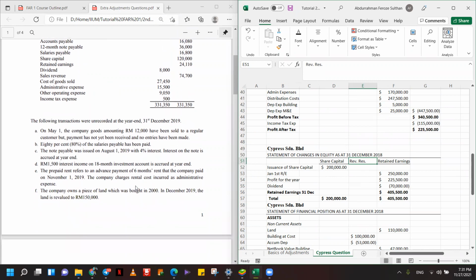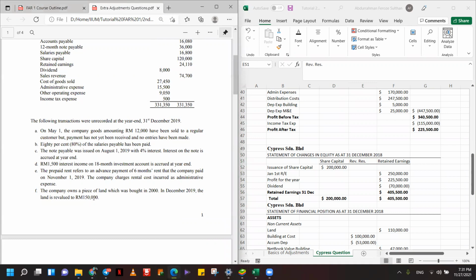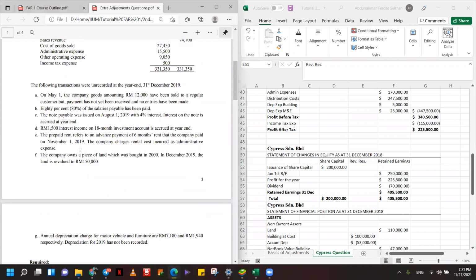The land revaluation is the difference. It was 93,600 before, and then it became 150,000. So the revaluation is how much? 56,400. That is the only difference between the question that I did and the questions that are here. The only difference really is in terms of the revaluation. Besides that, everything is very similar.